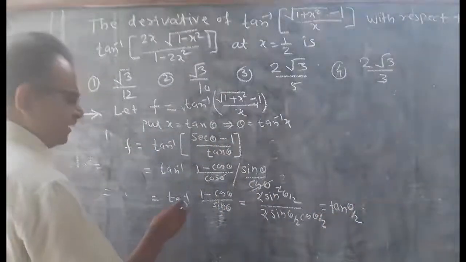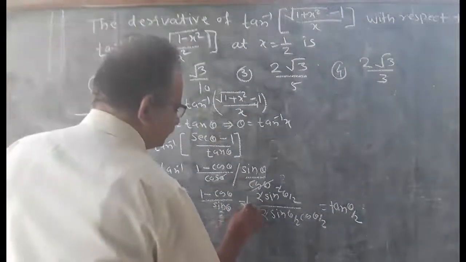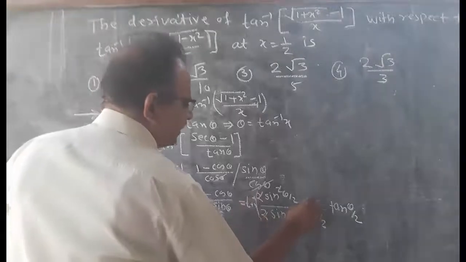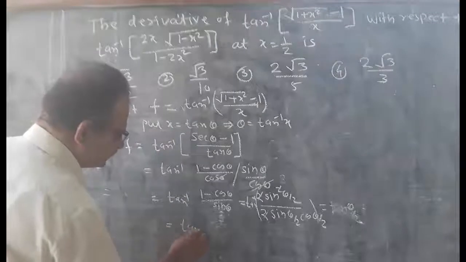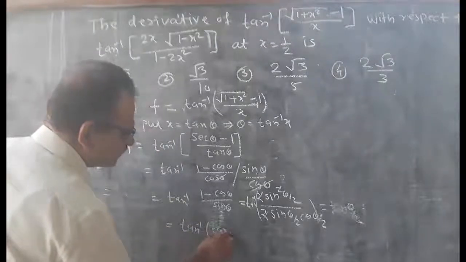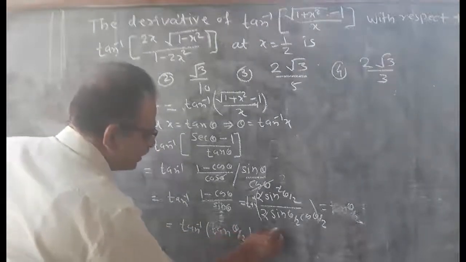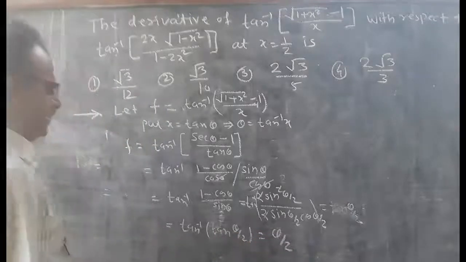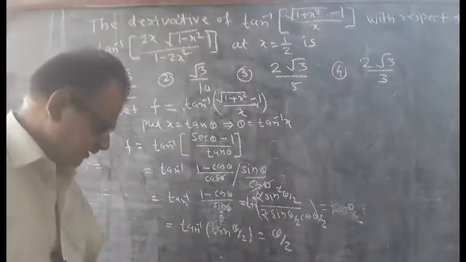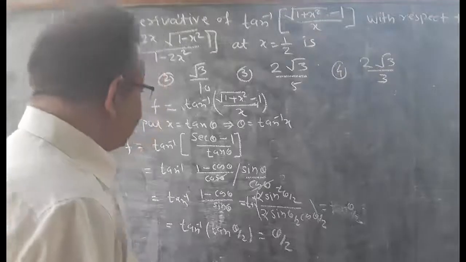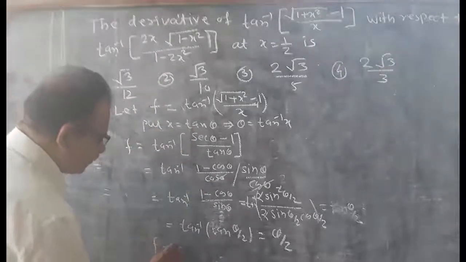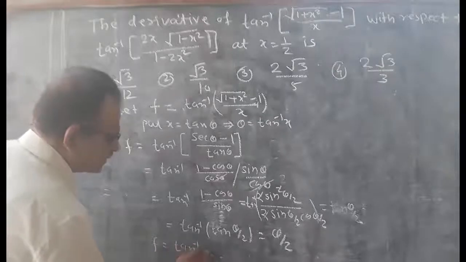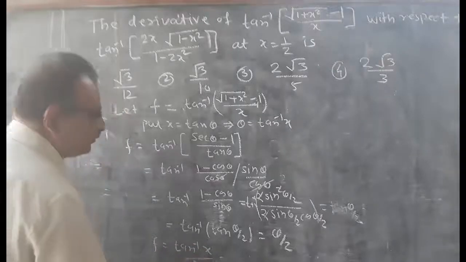Therefore, tan inverse of tan theta by 2, and that is nothing but theta by 2. Thus, f is theta by 2. And theta is nothing but tan inverse x. Therefore, f equal to tan inverse x divided by 2.